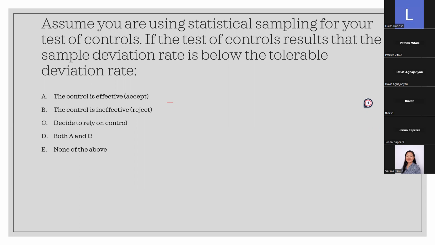Both A and C, none of the above. I'll give you a minute or two to think about it, and either write it in the chat or yell out the answer if you feel confident. Or if you have no idea, just write no idea in the chat.